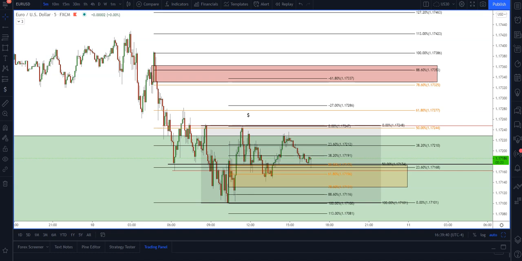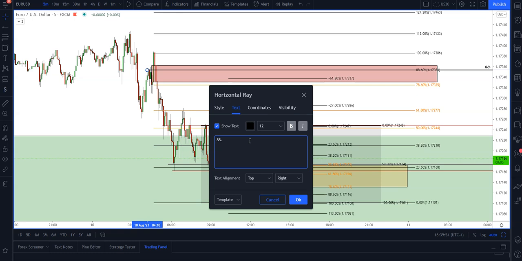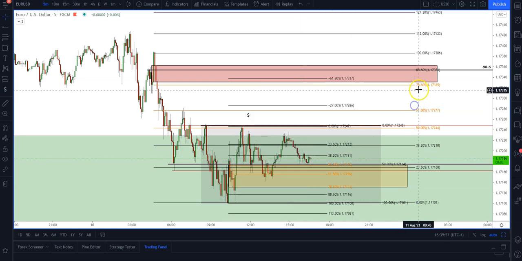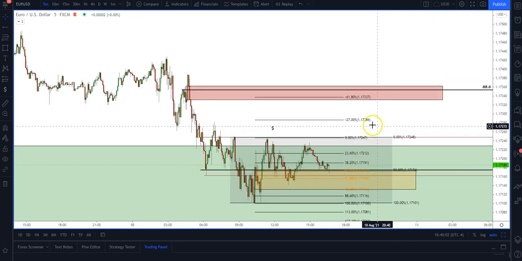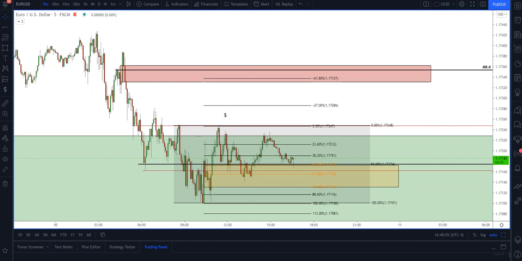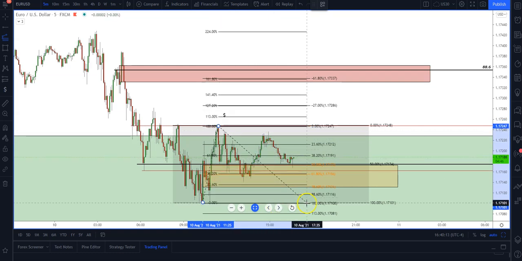If we look at the ABC, so right now we have the 88.6 being here, so let me put that there. We have it right there. So right now, that's where the 88.6 is at. Now, our ABC, it's 1.618 to 2.618.